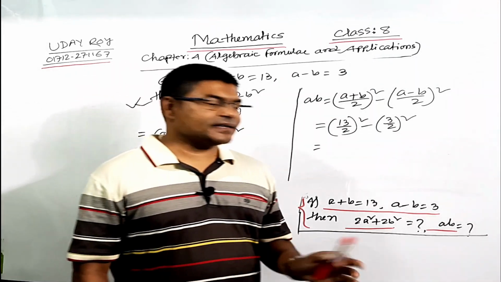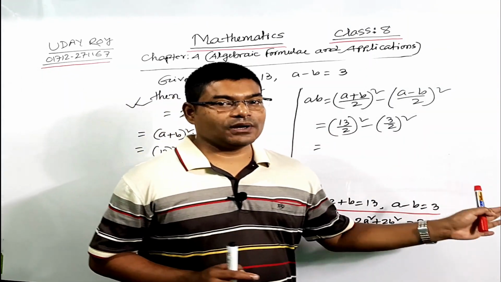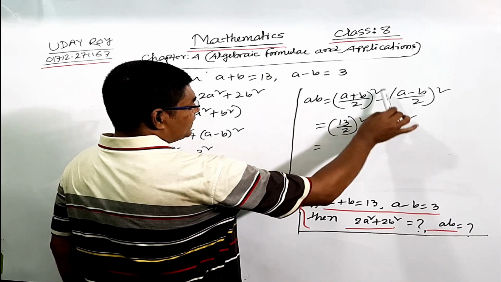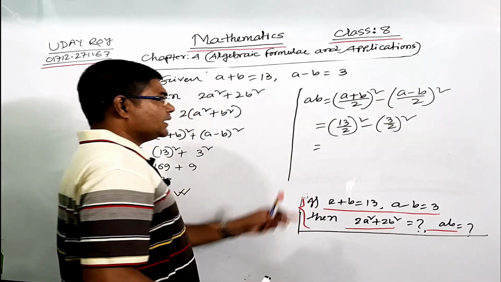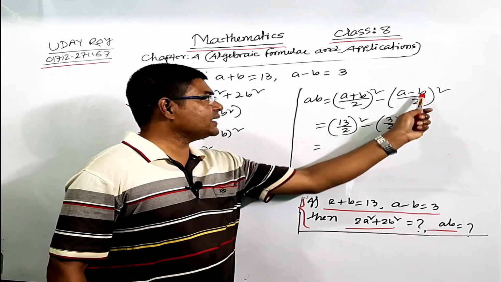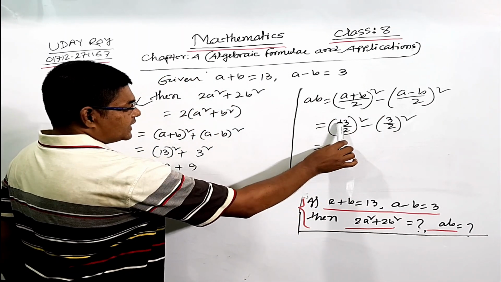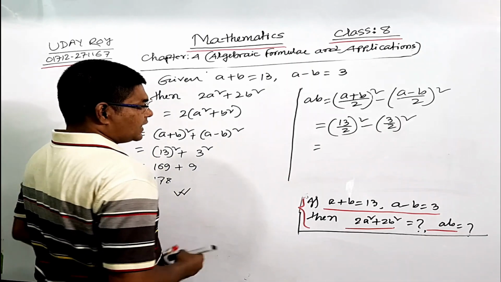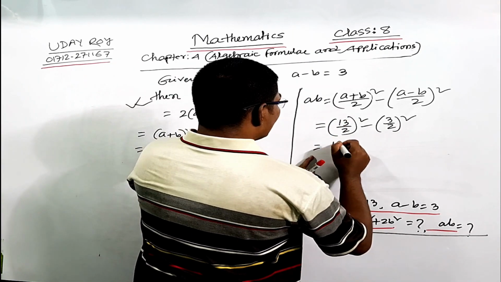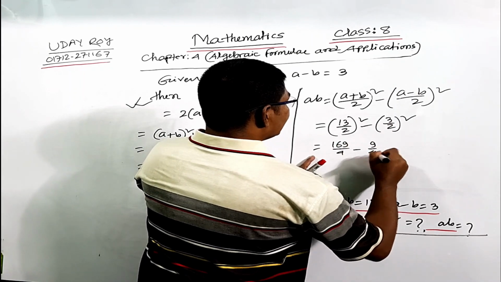And the other part is ab equals what? Not 4ab, ab equals what? So ab equals, we all know, (a plus b by 2) whole square minus (a minus b by 2) whole square. Be careful. So (13 by 2) whole square minus (3 by 2) whole square. Now 13 square, here is 2 square. So we get 169 by 4 minus 9 by 4.